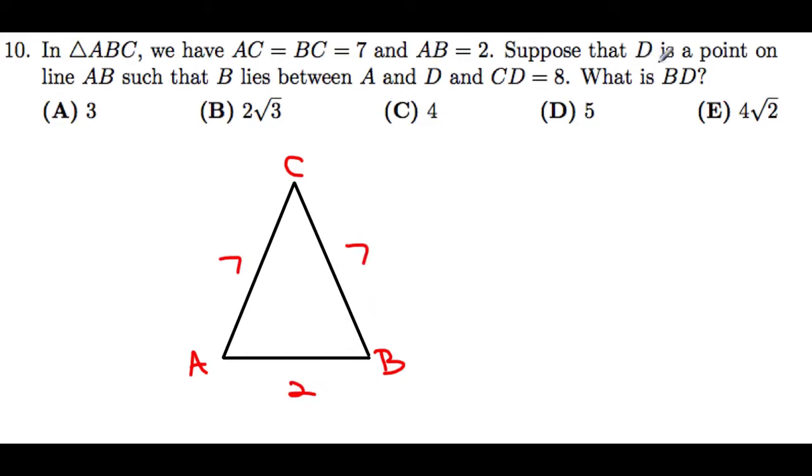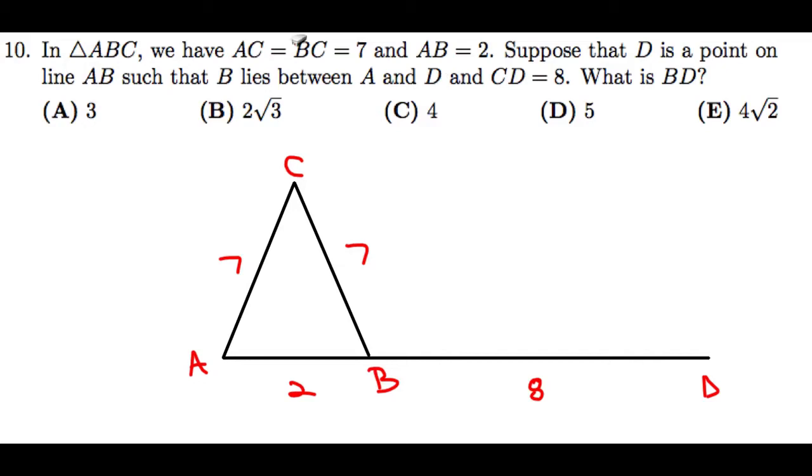But D is a point on the line AB, such that B is between A and D. So that means this one has to be extended a bit further like this, in a way that CD is equal to 8.